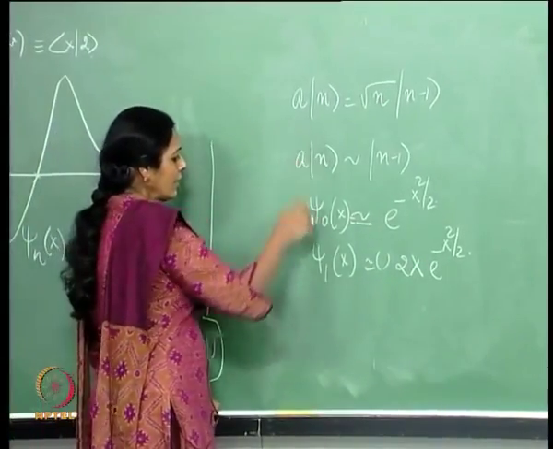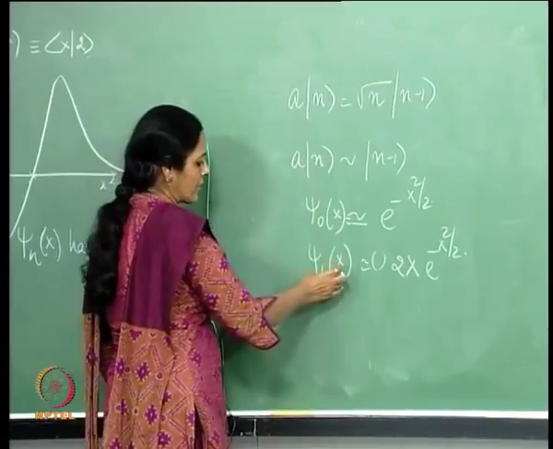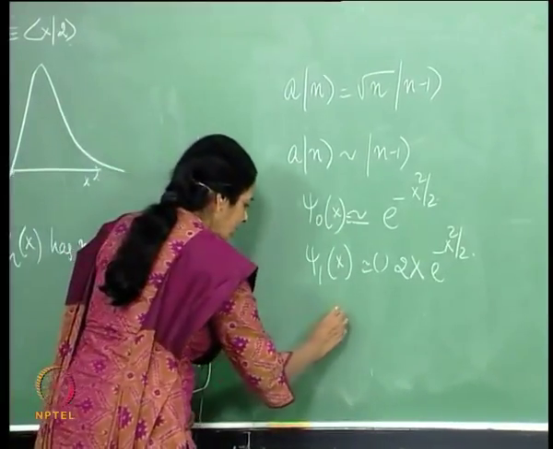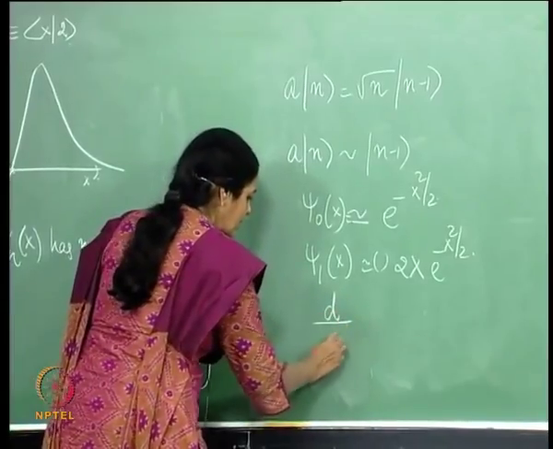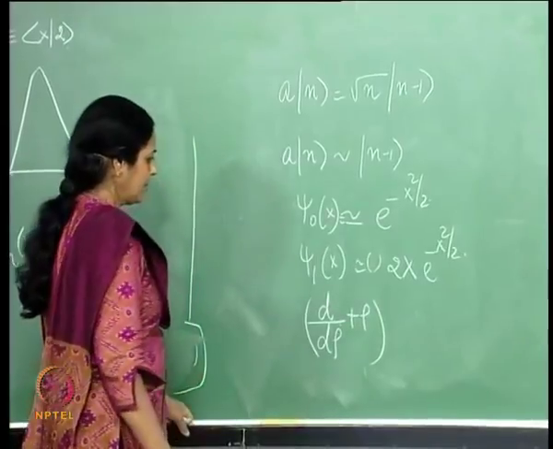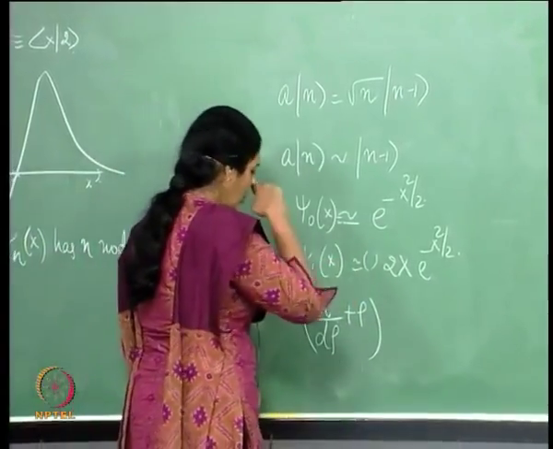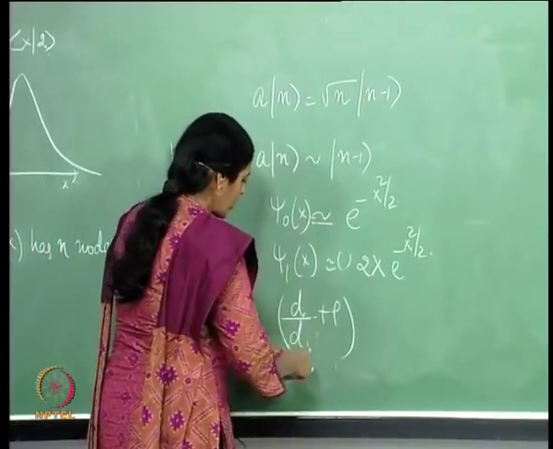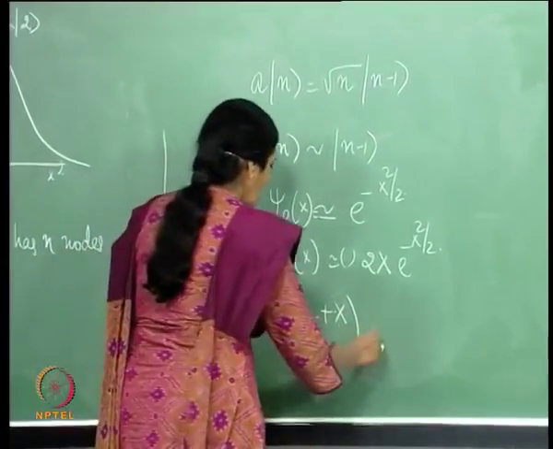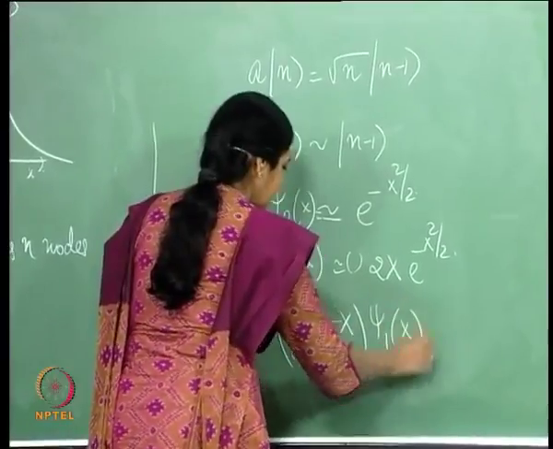So, let us see if A in the position representation acting on psi 1 really gets it to psi 0 of x. A you will recall is d by d rho plus rho, and this is supposed to act on this object. So, let us worry about d by dx plus x acting on psi 1 of x.